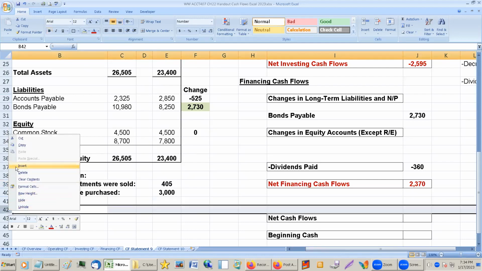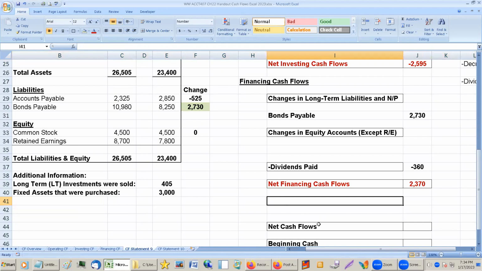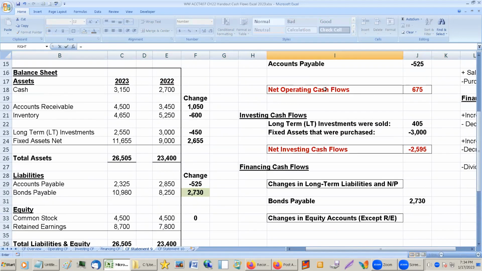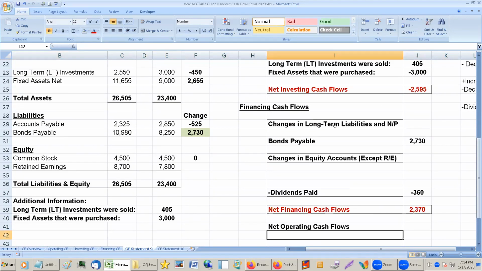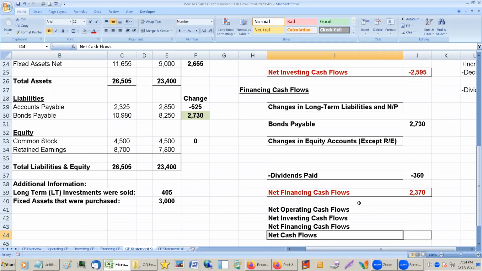I think I might just bring them down so we can kind of see them. And that's going to go into our net cash flows.